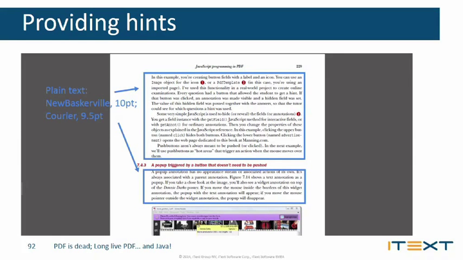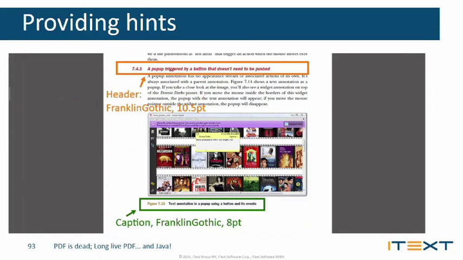So the New Baskerville font and Courier font with font sizes 10 and 9.5 are used for regular paragraph content. Section headers are written in Franklin Gothic font, 10.5 points, and captions have the same font in font size 8. So this is specifically for this file, of course, but it's a way to make a distinction between the different parts of this content.